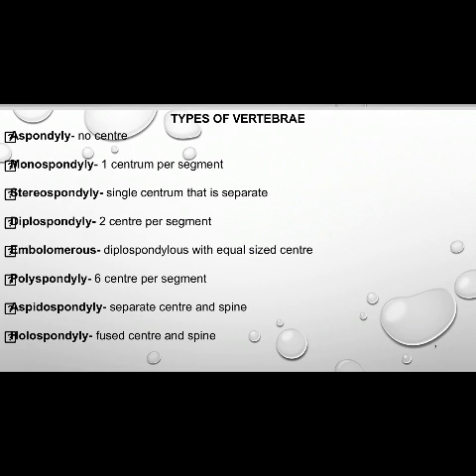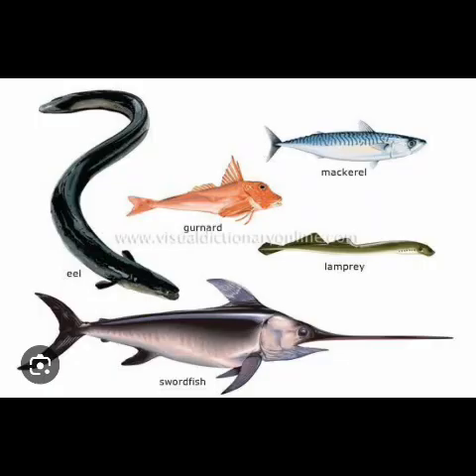The spines are separated from the centers of the vertebrae. Holospondylous is a vertebrate that has a fused center and spine. Such a vertebrate is called holospondylous. An example is some of the bony fishes.